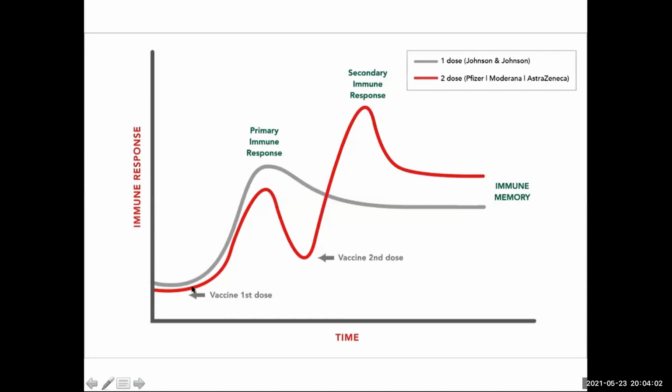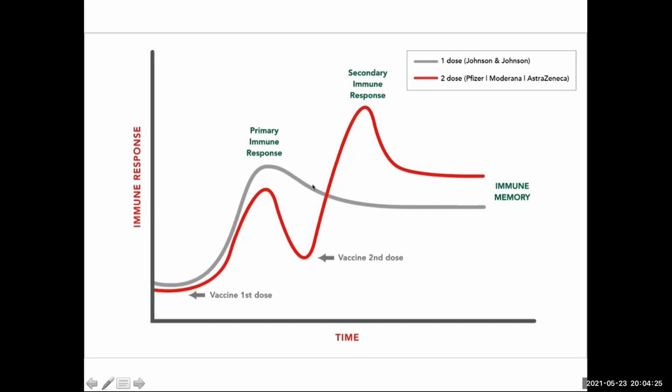However, once the vaccine is given, this immune response happens. But as time goes on, this memory goes down, because those cells have a particular lifespan. That's why once the first dose is given, you need to give a booster.